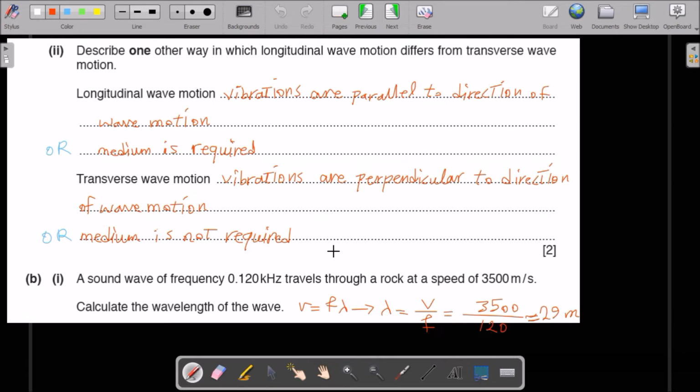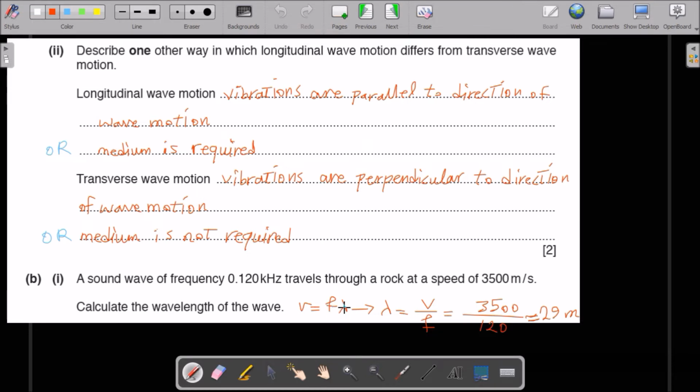Part B. A sound wave of frequency 0.120 kilohertz travels through a rock at a speed of 3,500 meters per second. Calculate the wavelength of the wave. You know that the equation of wave motion is V = F lambda.